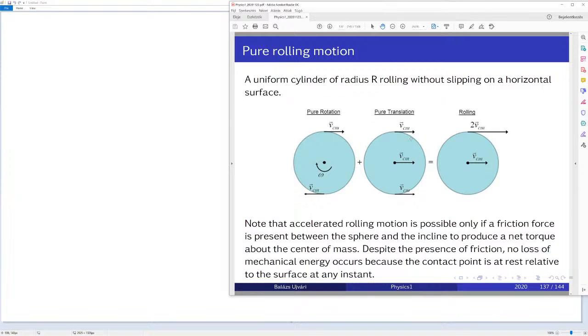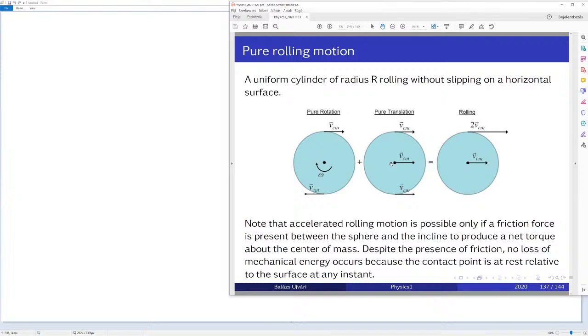What does it mean, pure rolling? You can imagine pure rotation. This is a fixed axis body that rotates with the omega. And this is a pure translation, so without any rotation, you just move this ball. And what if v equals R times omega?